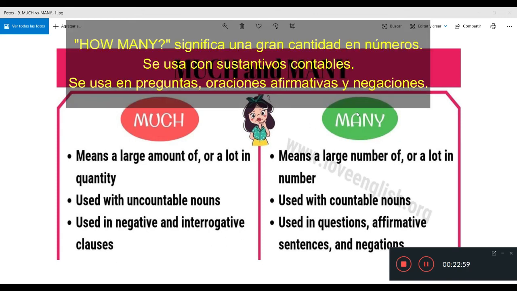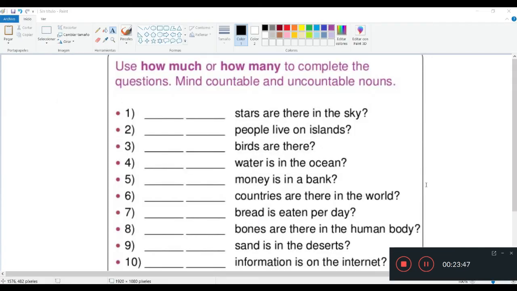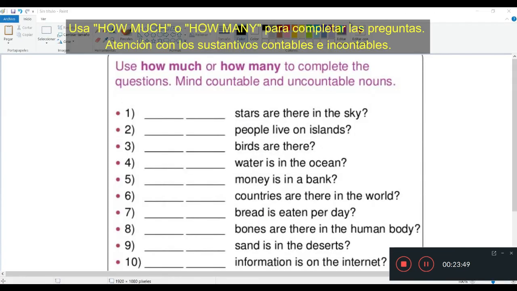How many means a large number of, or a lot in number. Used with countable nouns. Used in questions, affirmative sentences, and negations. Only for practicing. Use how much or how many to complete the questions. Mind countable and uncountable nouns.